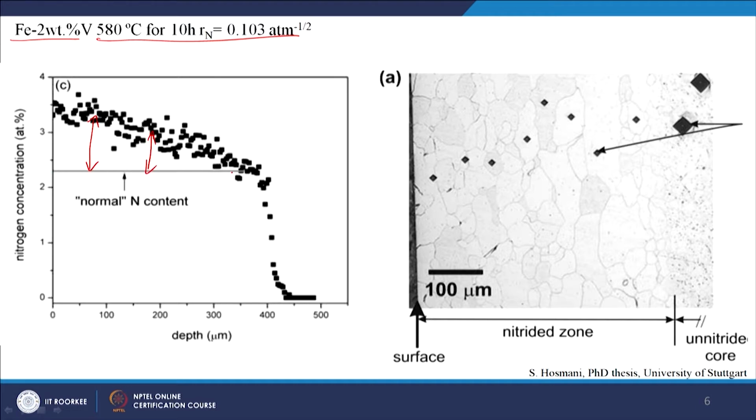This is the normal nitrogen level and this is the excess nitrogen level, and we will do some tutorials on how to calculate normal nitrogen content and all those things. And what you see here are the hardness indents, which are quite small as compared to these ones, this is larger in size, that means it is a lower hardness. This is the core of the sample, and this is the nitrided region.